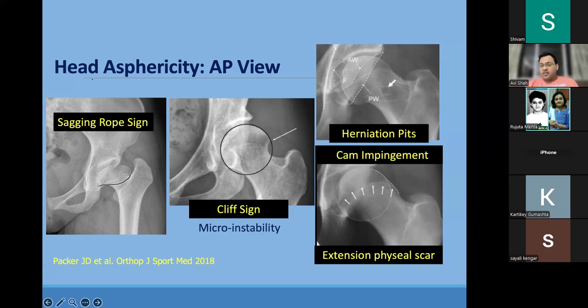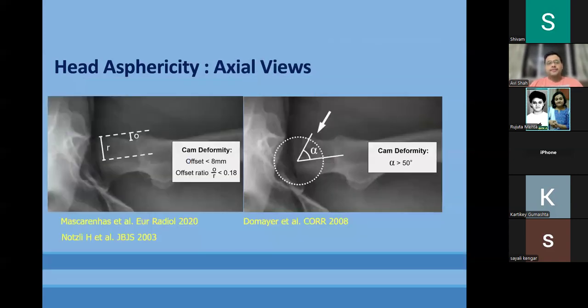Every physeal scar extension sign does not mean there is a CAM pathology. Physeal scar extension can be a normal morphological change, especially in males who are heavy built and into deep flexion sports. For them, it can be a normal morphological change. So always be wary of that.